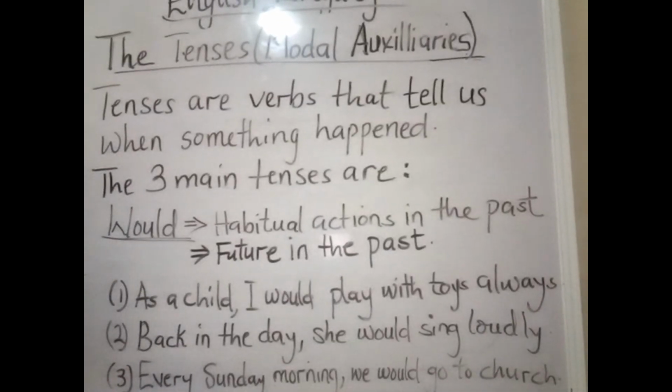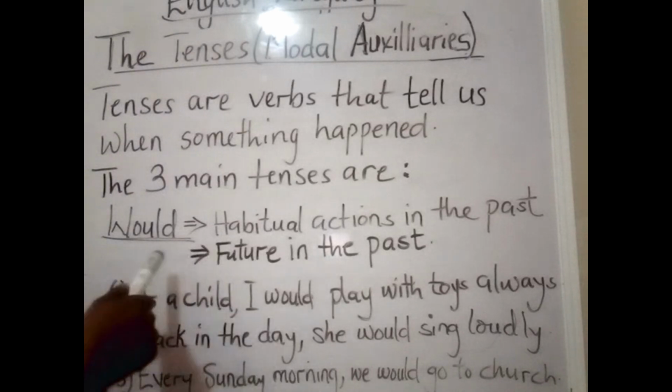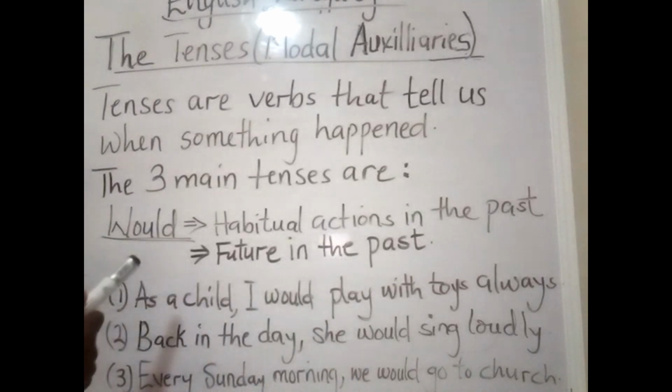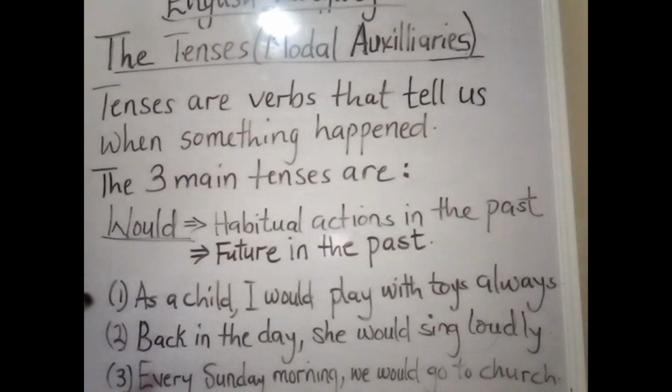The next example we're looking at here is would. Would is also a modal auxiliary, and it also plays roles in expressing events, the time of events. Here we are going to look at two different ways that would expresses the time events occur.